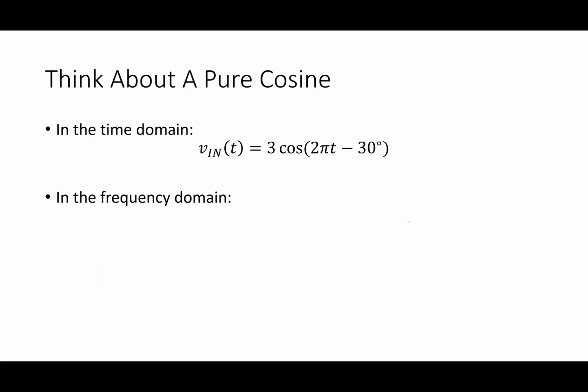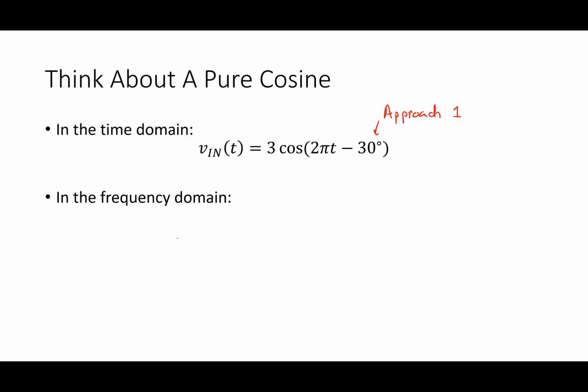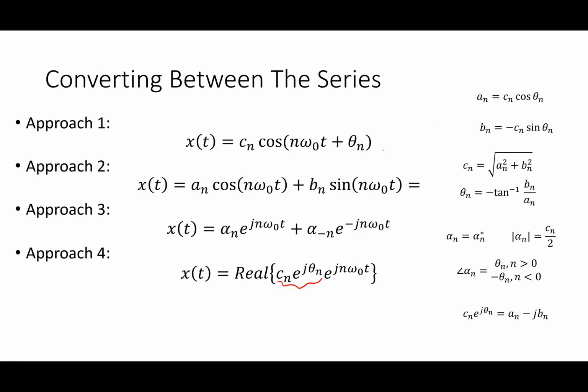So if this was my input to that circuit, 3 cosine 2 pi t minus 30 degrees, this is what I've called approach number 1. I want to put this into this third approach, the two rotating vectors. So how do I express this V in of t in that way? If I gave you this, how do I turn that into this form?